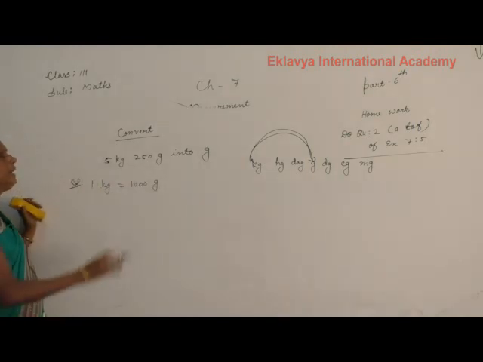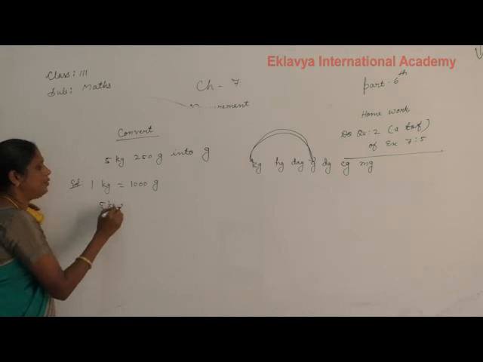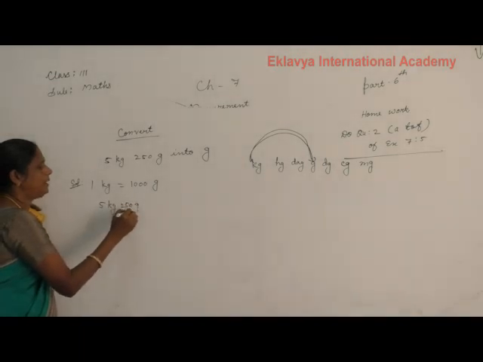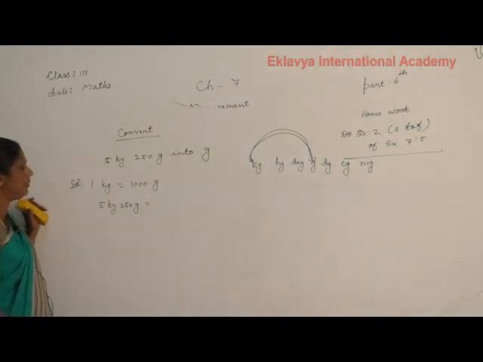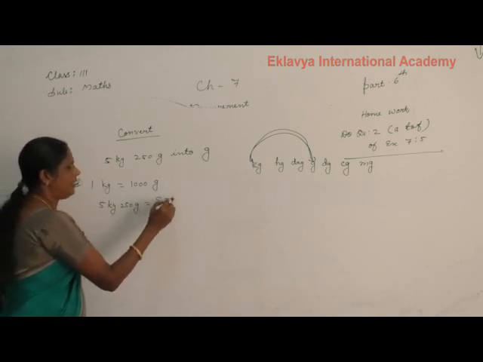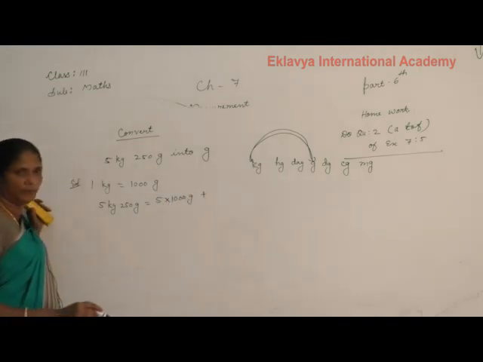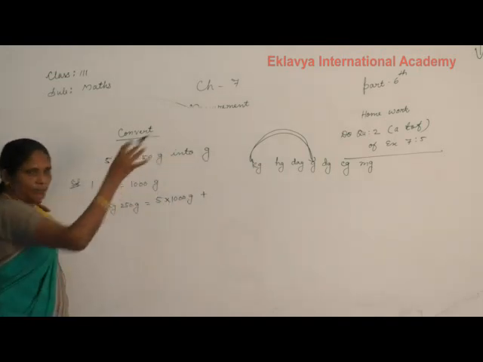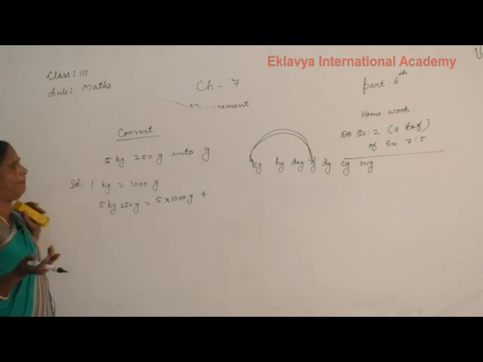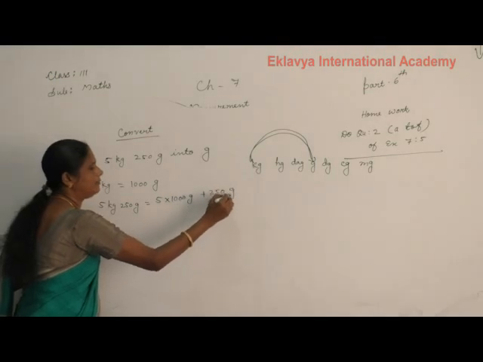We have 5 kg 250 gram, which is equal to 5 multiply 1000 gram plus 250 gram; the gram part is multiplied by 1, that is 250 gram.